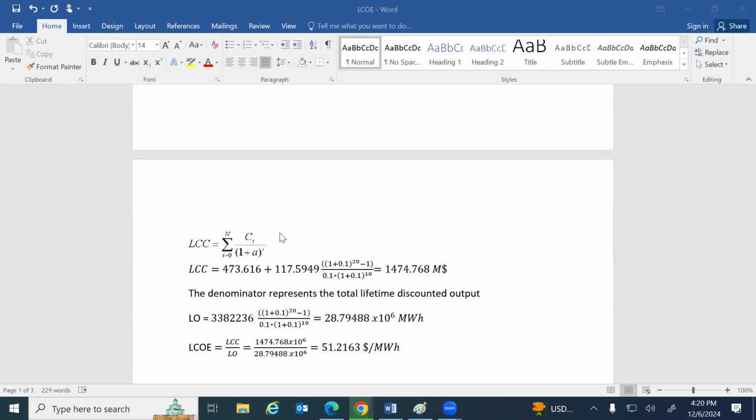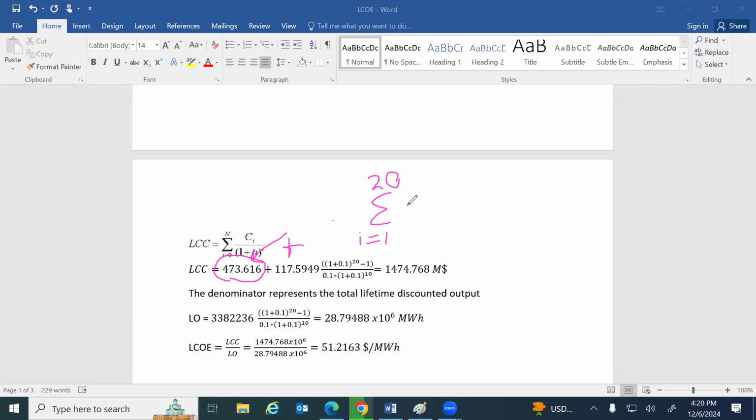And since here the parameters are really simple, we can just do a manual calculation. So we can consider first the investment, of course, no need to discount it, it's at year 0. So we already evaluated the value in $1 million for the initial investment. We put it as it is. Now we add the summation from year 1 to n, here equal to 20, of the annual cost.